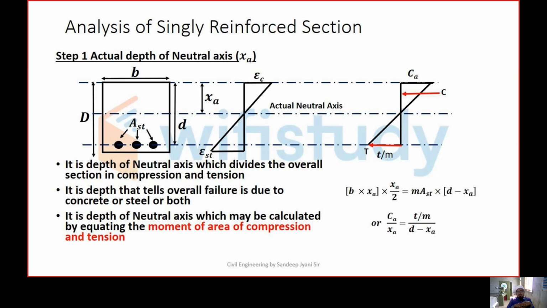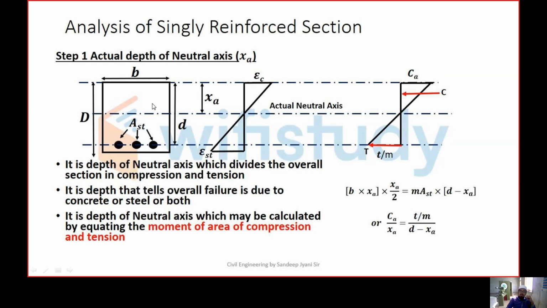So by equating the moment of area of compression and the moment of area of tension, the depth of neutral axis can be calculated. Here the derivation is given, moment of area of compression. The moment of area formula is area into its center of gravity. If we see the portion that lies above the neutral axis, it is a rectangle.